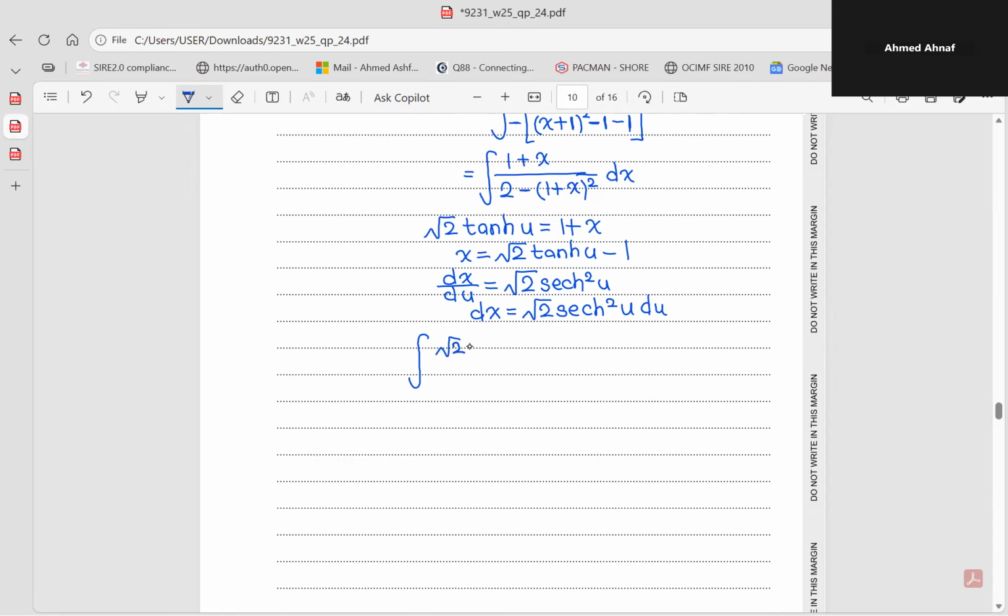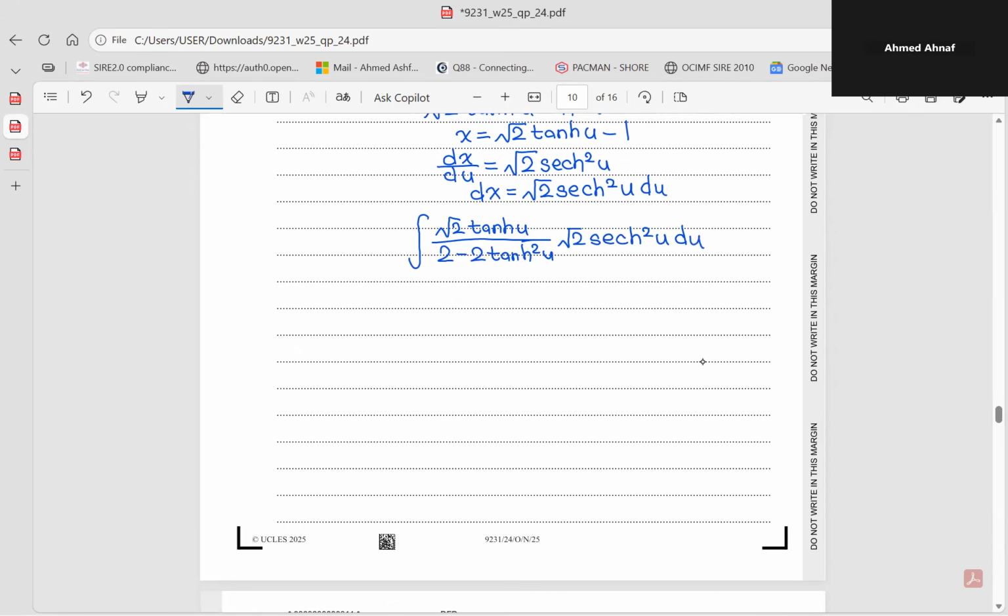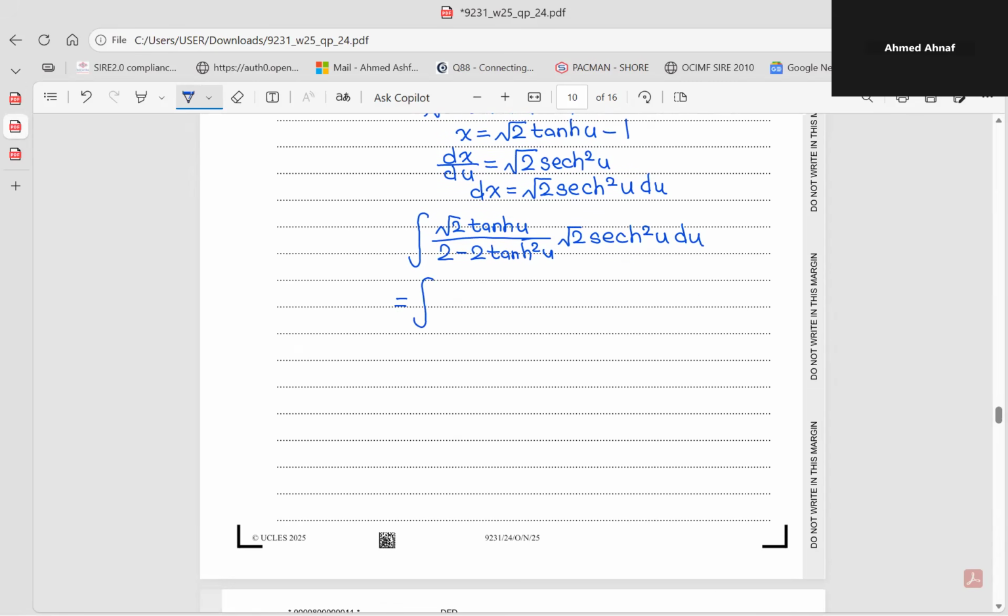So this is going to be square root 2 tan u over 2 minus 2 tan squared u, times square root 2 sec squared u du. So 2 tan u over, you can factor out 2, so you get 2 times (1 minus tan squared u), times sec squared u du.